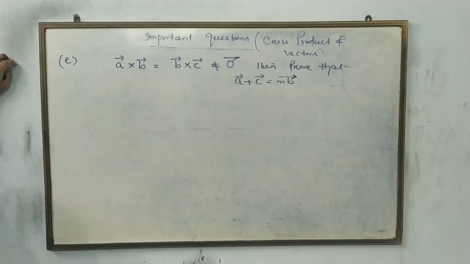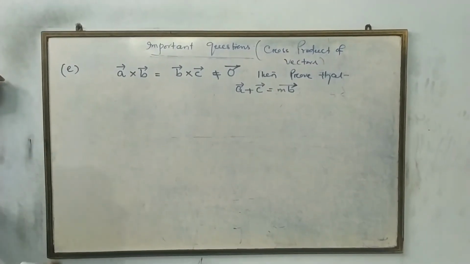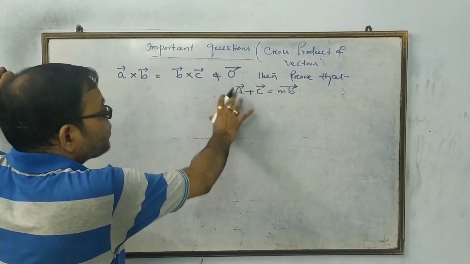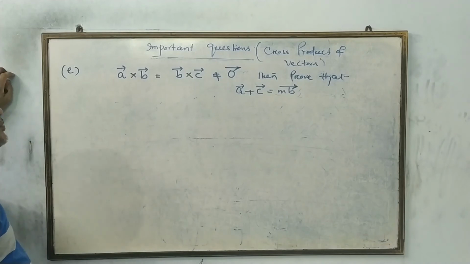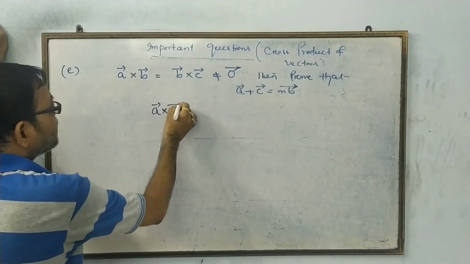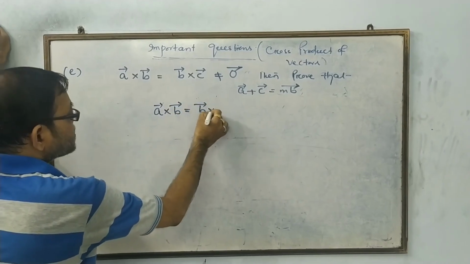Last important question. If a cross b is equal to b cross c is not equal to 0, then prove that a plus c is equal to mb. How to solve this one? a cross b is equal to b cross c.